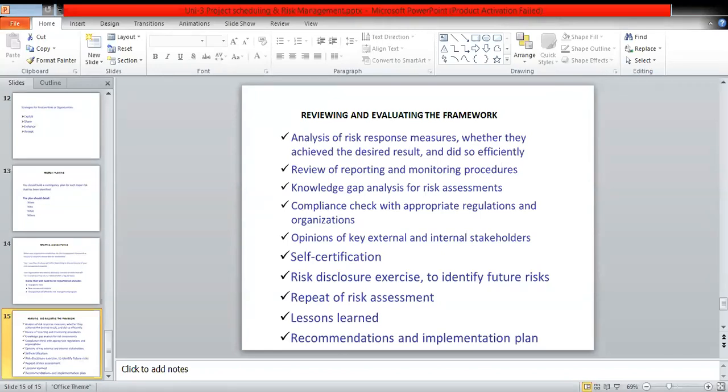Now, next is knowledge gap analysis for risk assessment. Sometimes they find that there is a gap. The person doesn't know about this, but he said yes, I will do it.